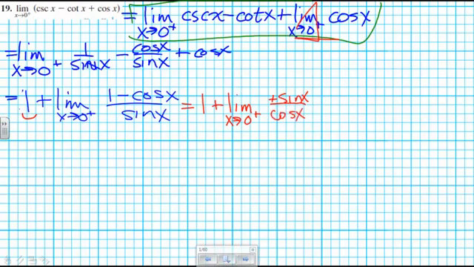Now, is that indeterminate? Sine goes to 0, but cosine goes to 1. No, that's not indeterminate. It's 0. And there's our answer, 1. And what do we say? Well, it matched graphically what we thought we were going to get.